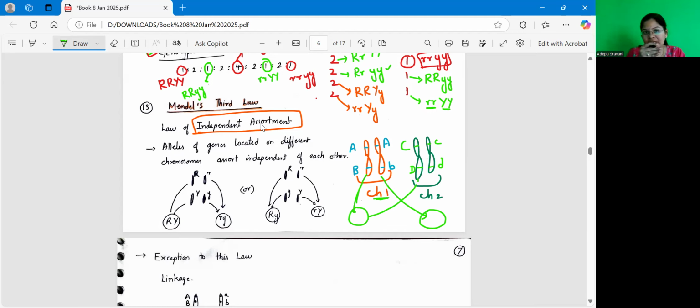So in law of segregation, please remember the complete chromosome is moving towards the gametes. But in law of independent assortment, what happens is within the chromosome, during meiosis, if you remember, we see something called recombination, exchange of genetic material between the homologous chromosomes. So as a result, what happens is, let me erase this.